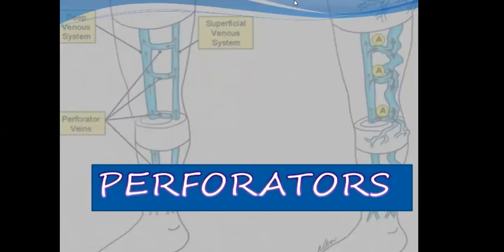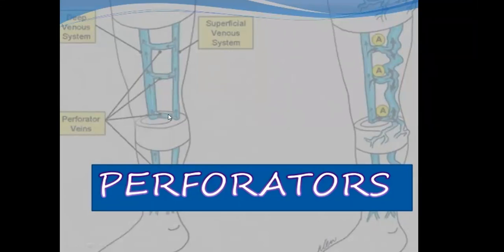This is a diagram to make you understand. This is the normal superficial venous system, the superficial venous channels. And this is the deep venous system. You can see the small interconnected veins.